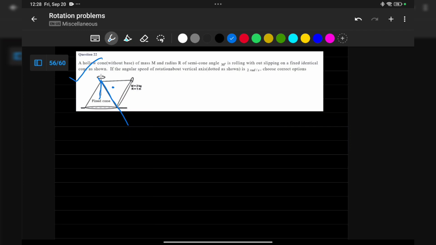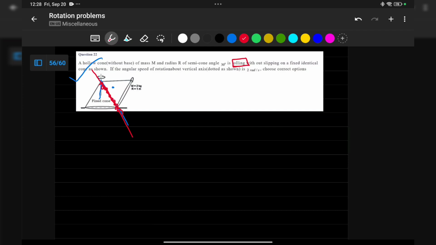This cone is rotating on that cone, and it's rolling. Of course, it's called rolling, so that means these points are instantaneously at rest. So we can say that this is the IAOR, the instantaneous axis of rotation of this cone, because they are instantaneously at rest as this is rolling.